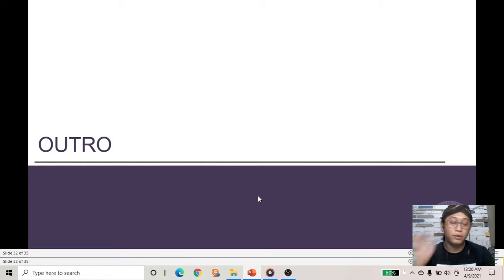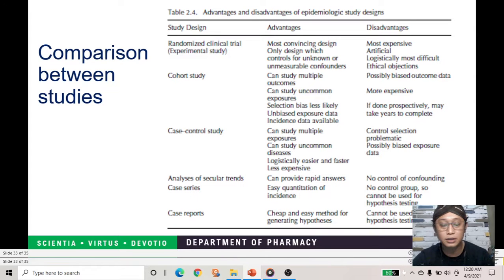For the closing, I would like to present some comparisons between study designs, the advantages and also the disadvantages. We have only one study design for experimental study, that is the randomized clinical trial.